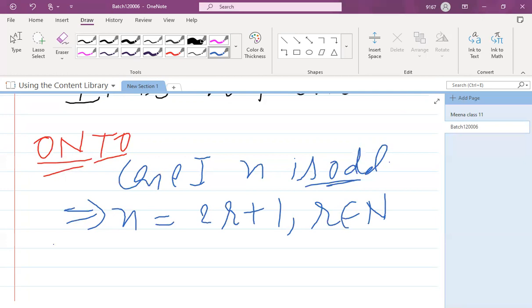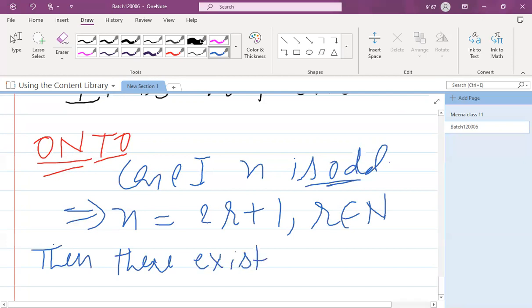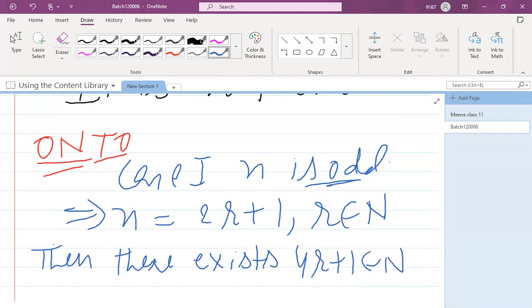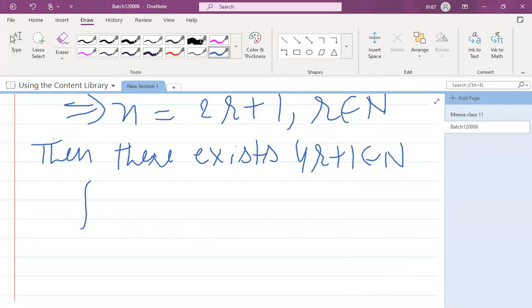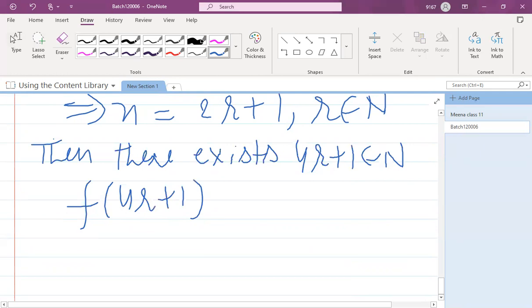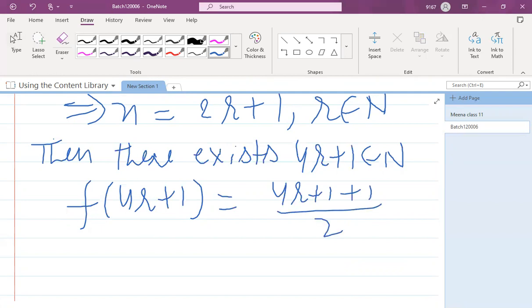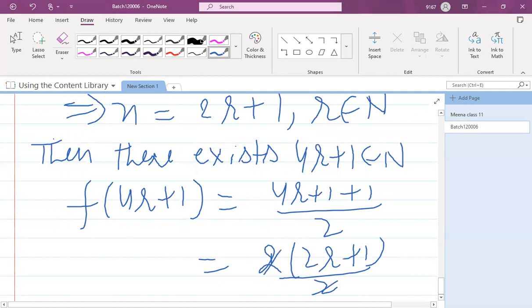There exists 4r plus 1 belonging to natural numbers, and we have f of 4r plus 1 equals (4r plus 1 plus 1) by 2, so this is actually (4r plus 2) upon 2. So it becomes 2r plus 1.